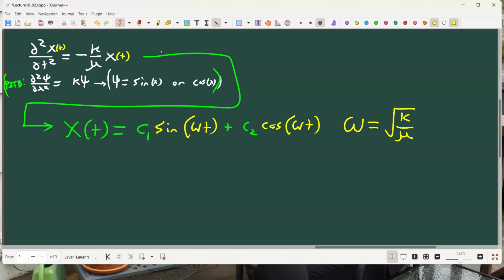But it says that if I stretch it away from equilibrium, the position of the tip of this spring will move as a sine wave, and that's exactly what we see: up, down, up, down, up, down. It's oscillatory. And depending on where we start, on the starting conditions of our spring, C1 might be 0 or C2 might be 0. It just depends, but it can be a mix of both.